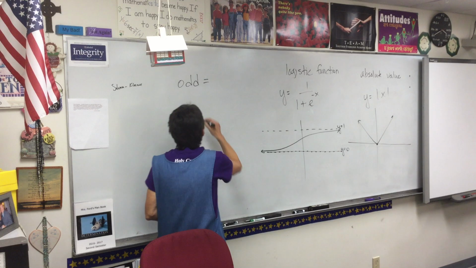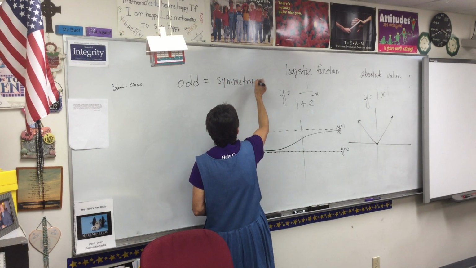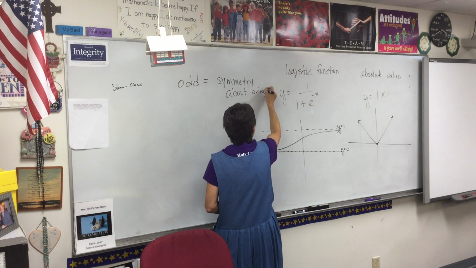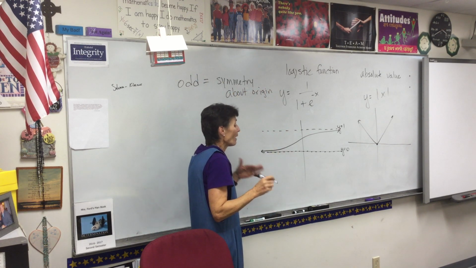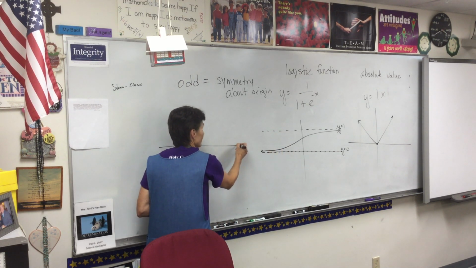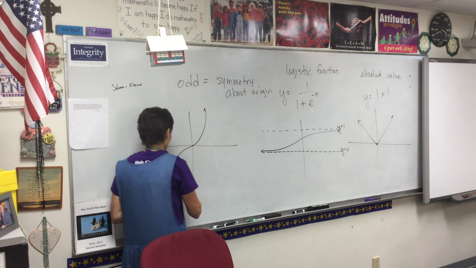We mean they have symmetry about the origin. Now, what that means is, let me give you an example of one. Here's one of the answers. What curve is this one?